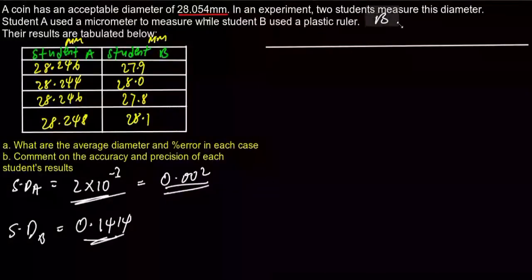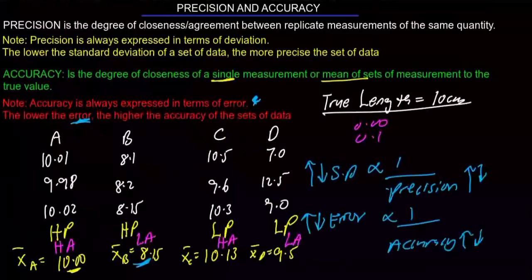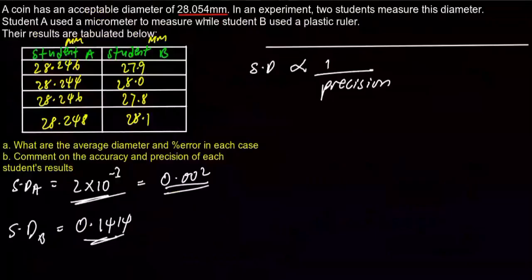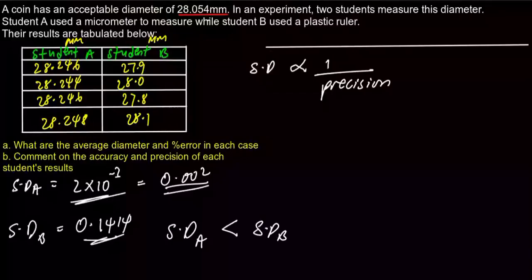Now let's see. Which one is more precise? If you observe, I told you that the standard deviation is inversely proportional to the what? Precision. Look at it here. Standard deviation is inversely proportional to the what? Precision. So you can see that the standard deviation of A is less than the standard deviation of B. So what will you say?